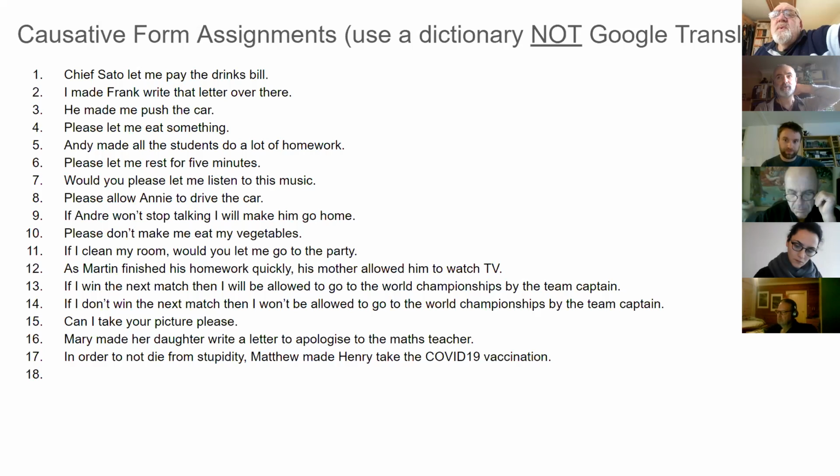So number 2 is a different one because you are being the person giving the permission. Do you want to go on that one? Watashi ga Frank san ni tegami o kakasare. No, that's the passive in there.